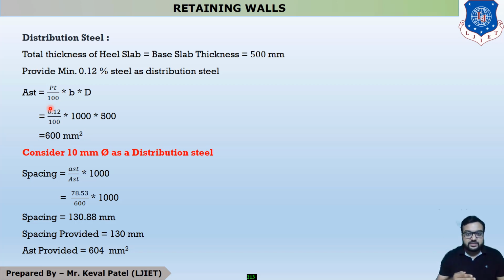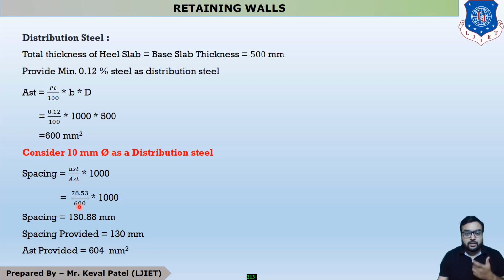The equation of spacing is small AST divided by capital AST, into 1000. For 10 mm diameter bars, our small AST is equal to pi by 4 into 10 square, which is equal to 78.53 mm square. And our capital AST is already calculated as 600 mm square.